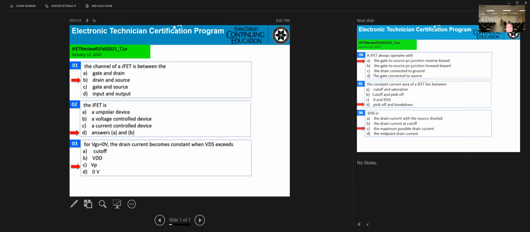Number three, for VGS equals 0, the drain current becomes constant when VGS exists.